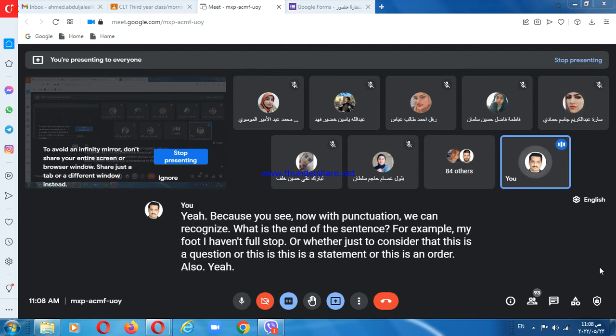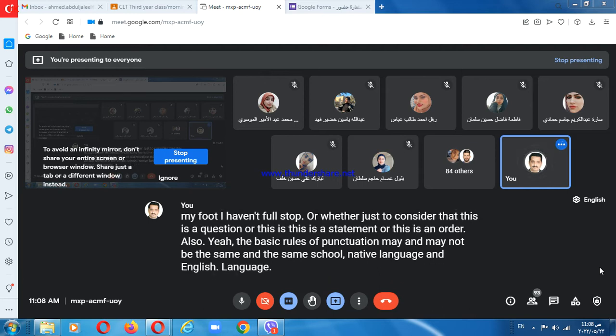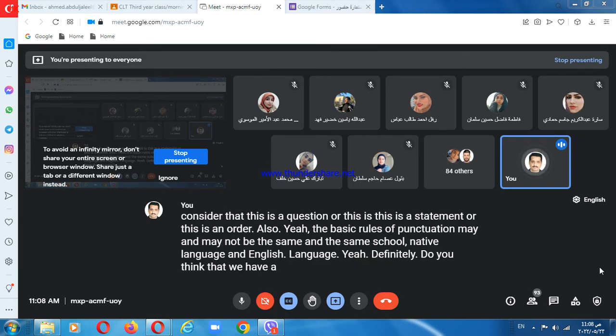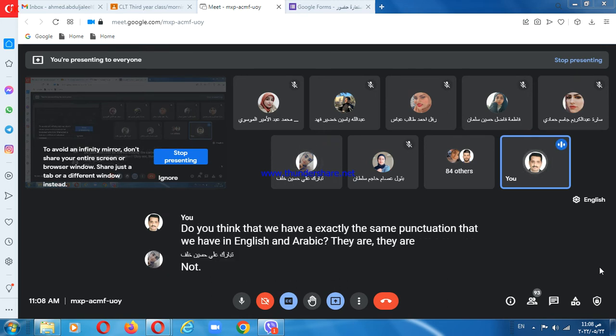The basic rules of punctuation may or may not be the same in the student's native language and the English language. Do you think that we have exactly the same punctuation in English and Arabic? No, they are partly similar.